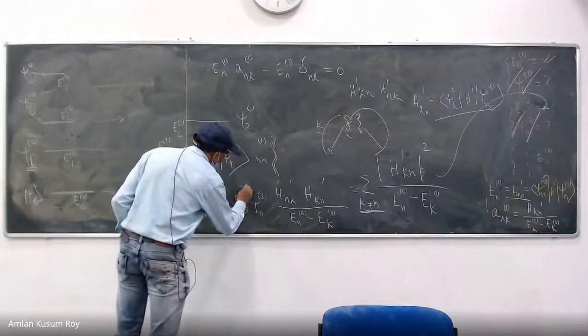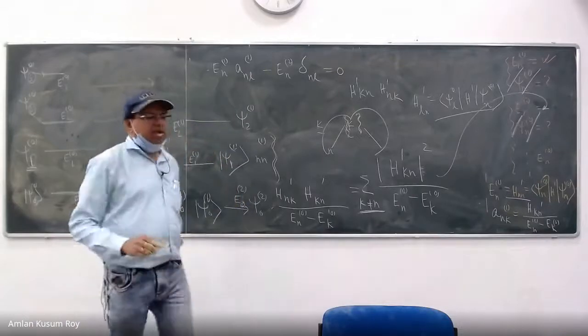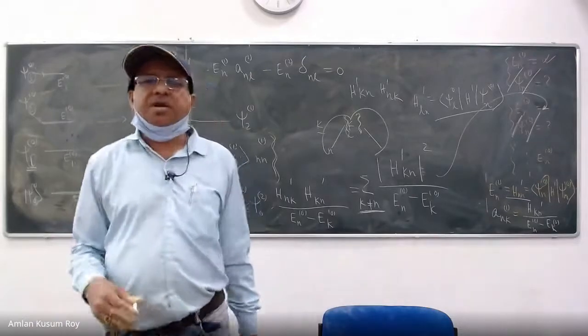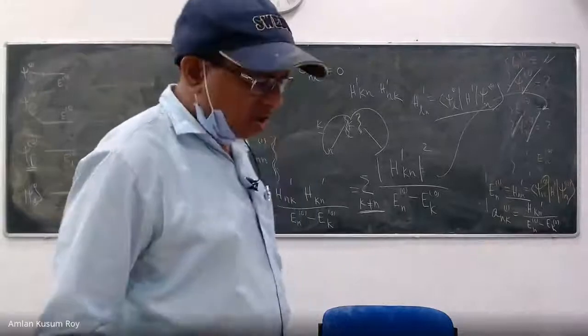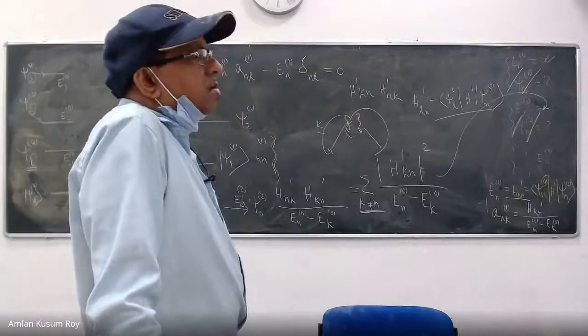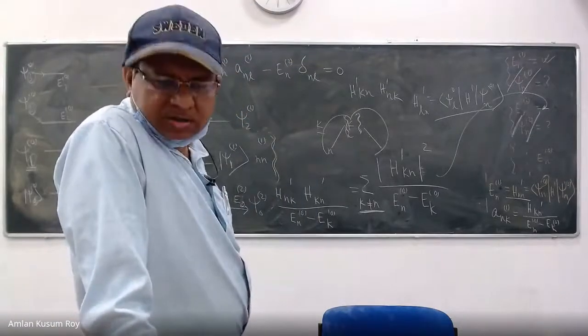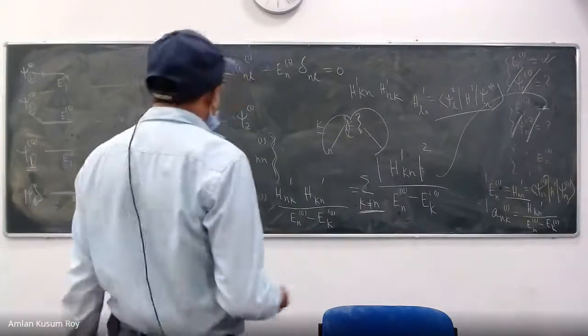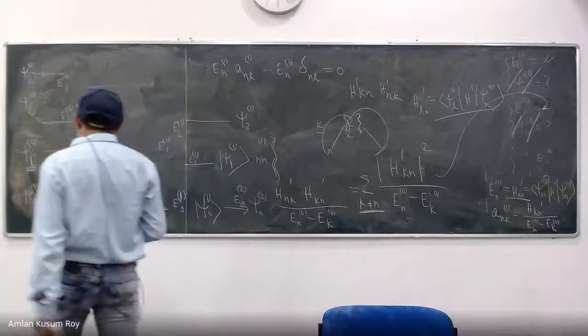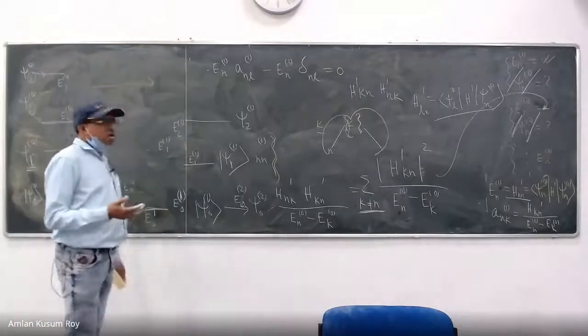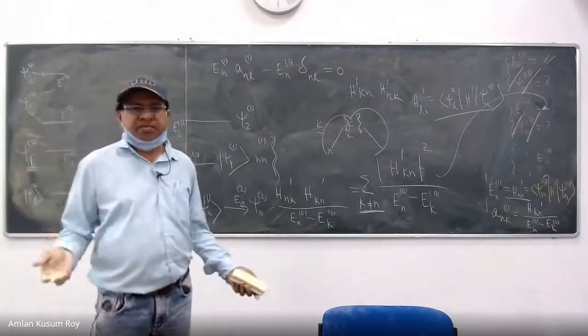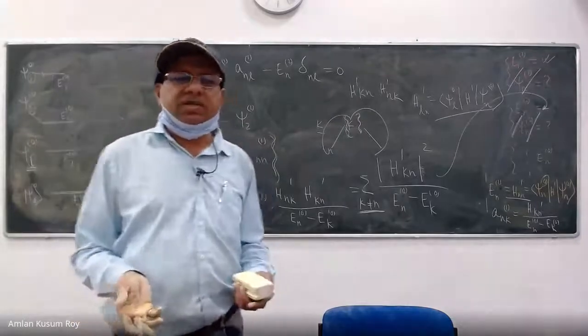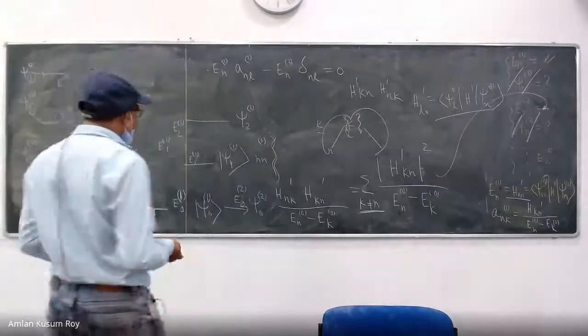And we have said that if the perturbation is not very strong, the series will converge in the lower orders, right? Say maybe first order or second order. So in most problems, we expect that the series converges for first order, second order, or at most third order, because the calculation becomes extremely difficult, right?